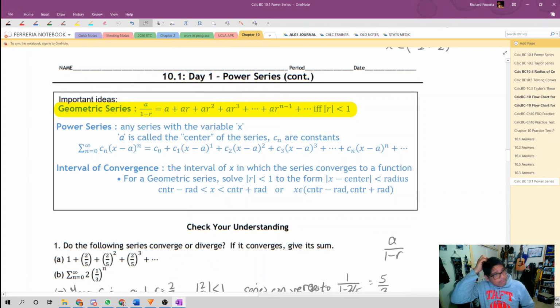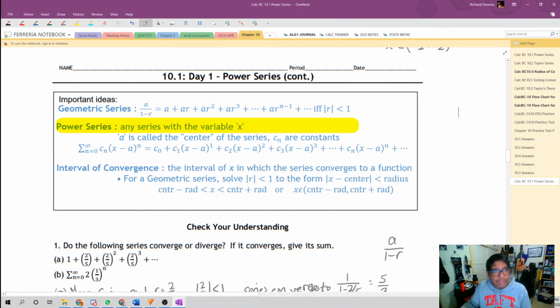Here in our important ideas, we've met all of these, so we're just going to go through this briefly. We've got the general form of a geometric series, a over 1 minus r, and again, I'm going to explain to you how important this is. We've got the power series.